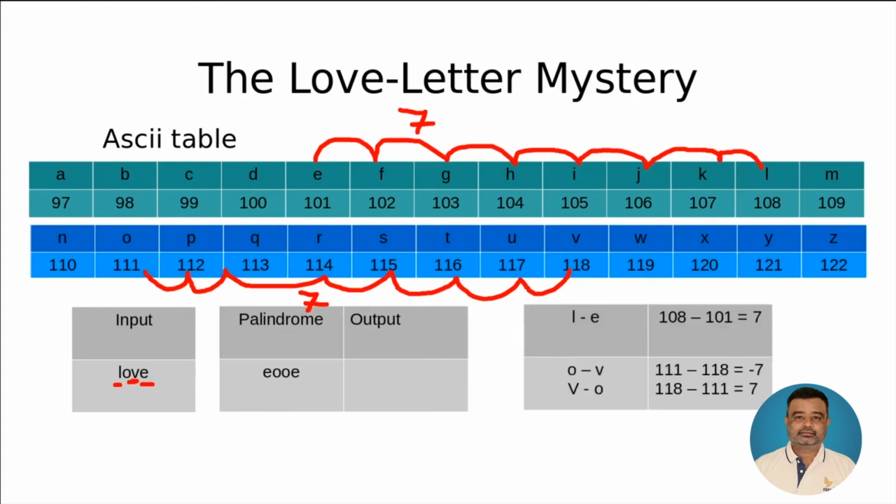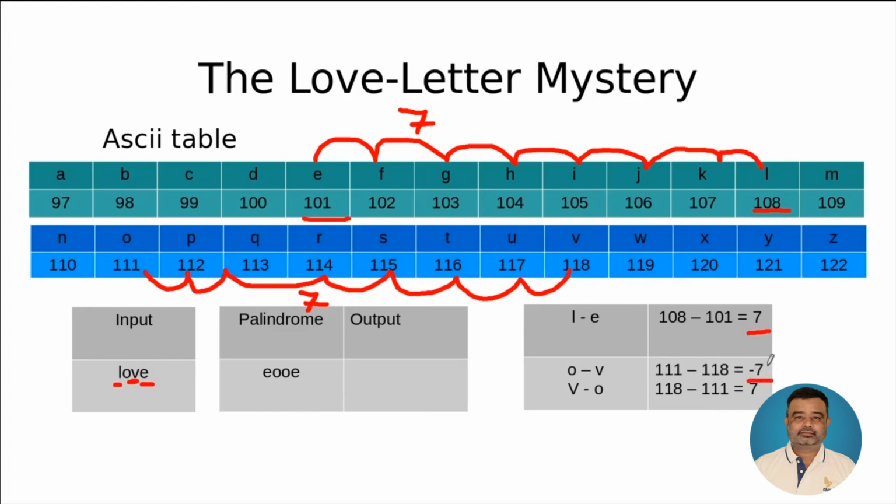Now, if you want, you can use a loop to jump one by one, or you can directly perform the subtraction of ASCII values. For example, we had L and then E. Given the ASCII values 108 and 101, we can directly find the difference. The difference is 7. Now, when you consider O and V, the ASCII value of O is 111 and for V it is 118. 111 minus 118 is minus 7.